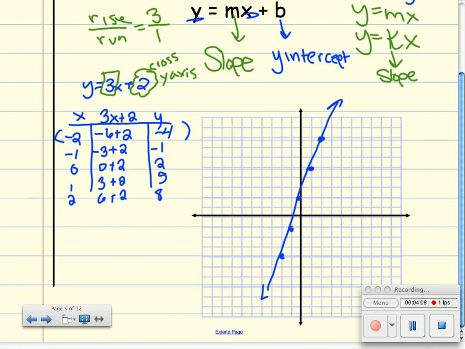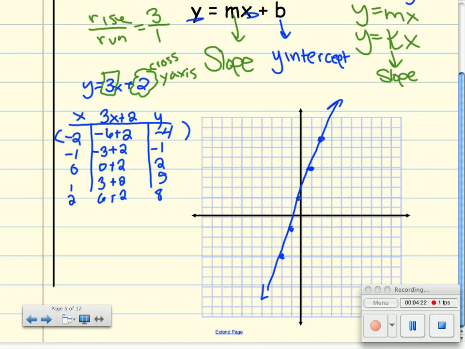We write it y equals just 3x, but when we talk about slope, we want to be able to find other points on the line, so you really say 3 over 1. That means you're going to go up 3 and then over 1 if you were on the graph.